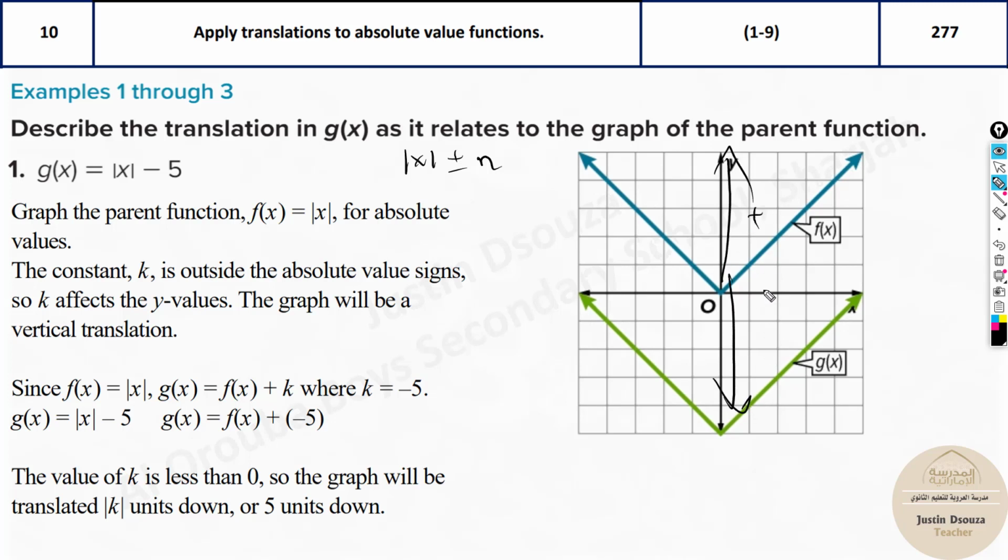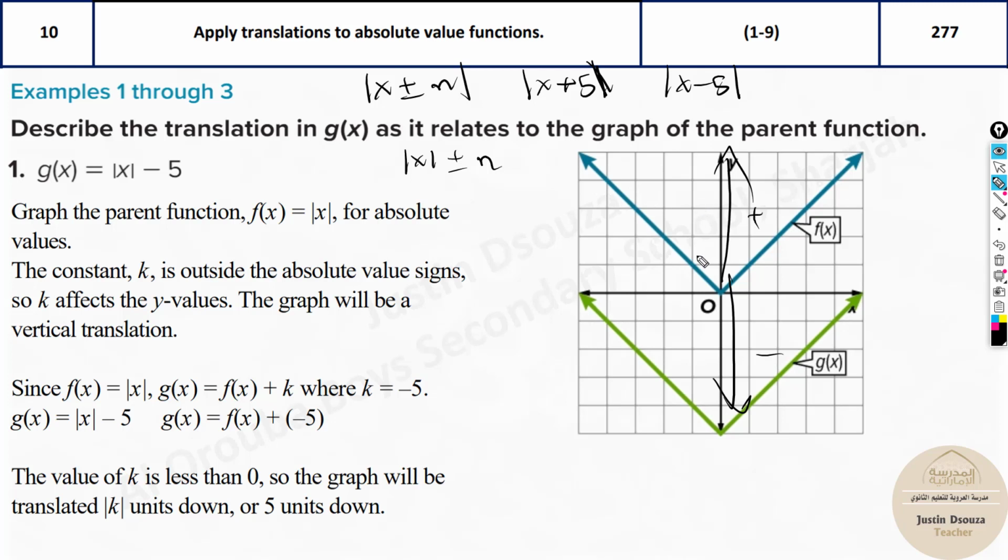If it is plus, it will go up; minus, it will go down. When the number is inside, the modulus symbol is these two lines, and inside that there is a number, for example x plus 5, or x minus 5.